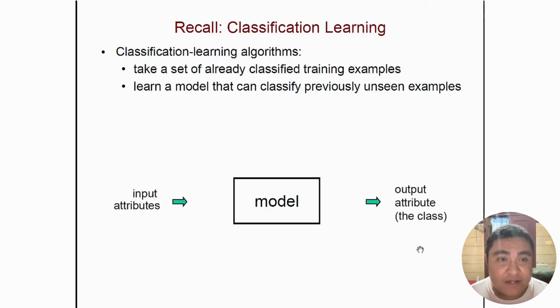It takes a set of already classified training examples, and it learns a model that can classify previously unseen examples. In the diagram below, we've learned from our previous discussion that input attributes contribute to the creation of the model, and then the model will predict an output based on the decisions that it can make.